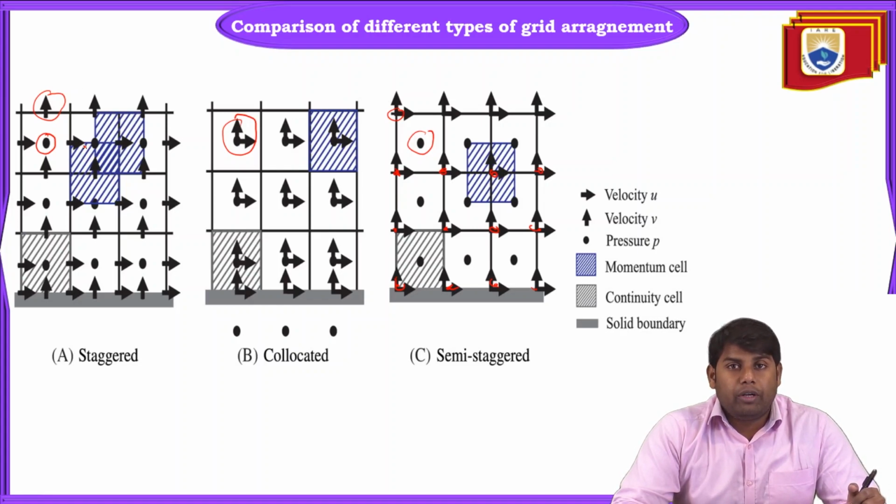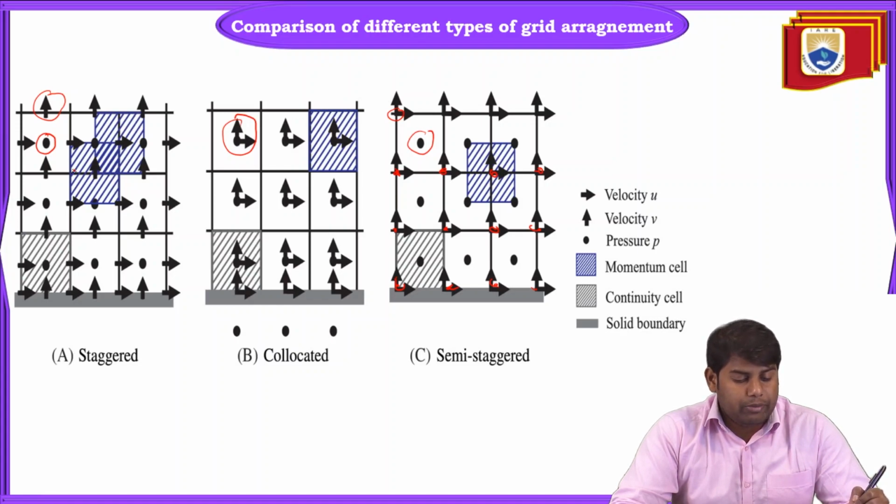So there are two possibilities. One, you can store the values of pressure, temperature, density, velocity at each time interval t1, t2, t3 and compare them, or you can override them and get the final result. Okay, so this is what we have in the different types of grid arrangement.